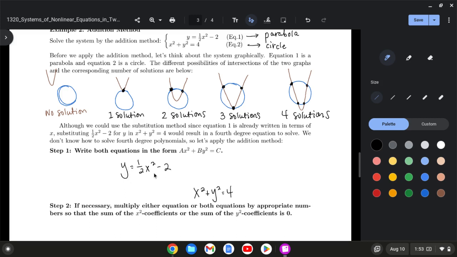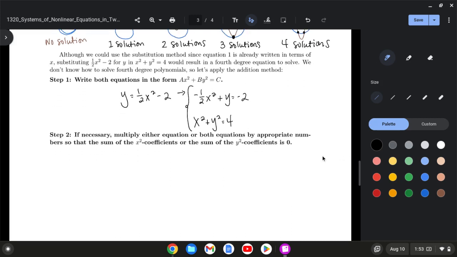We have y and x's on different sides. So to put them on the same side, I'm going to subtract 1/2 x squared from both sides. And when we do, we get negative 1/2 x squared plus y equals negative 2. So this is the system I'm working with. All we did was rewrite our first equation in the standard form.